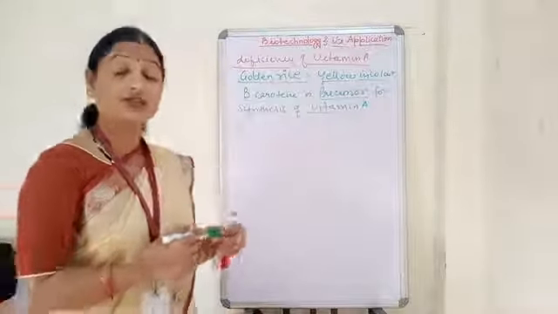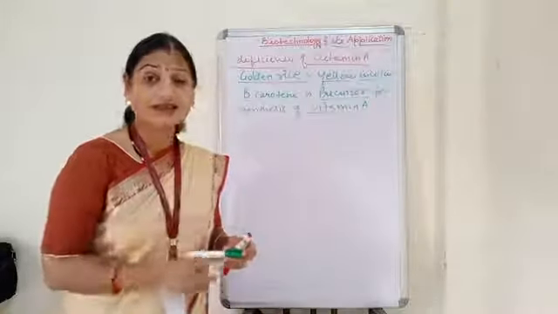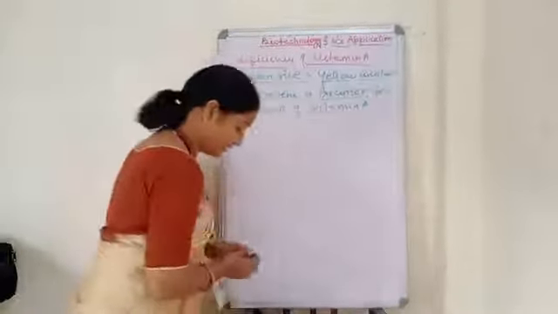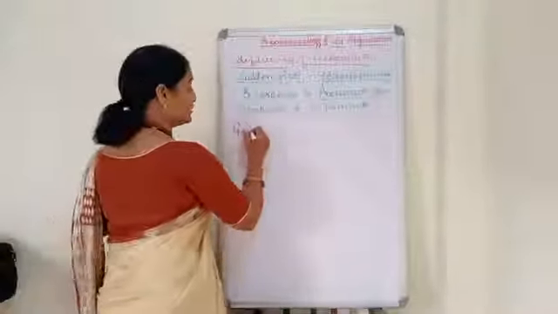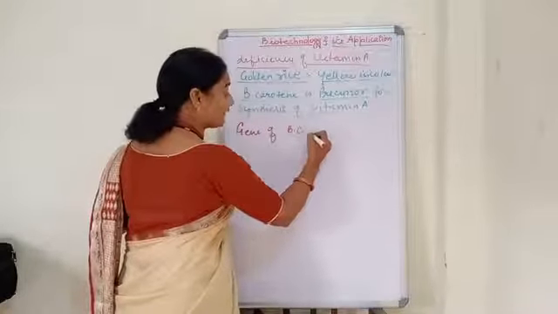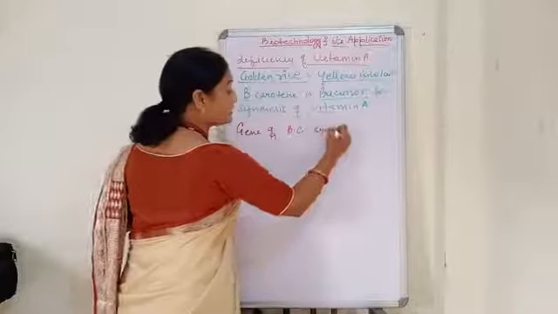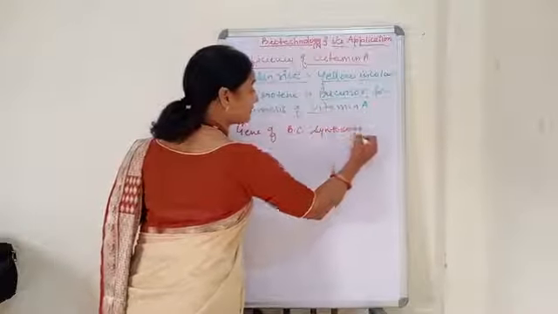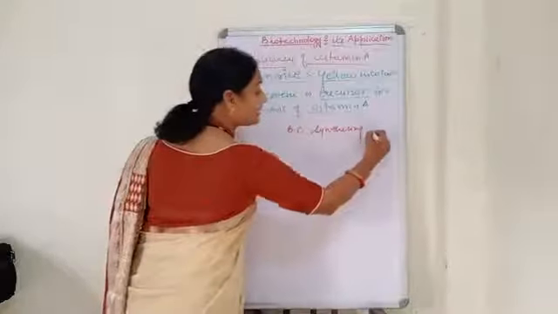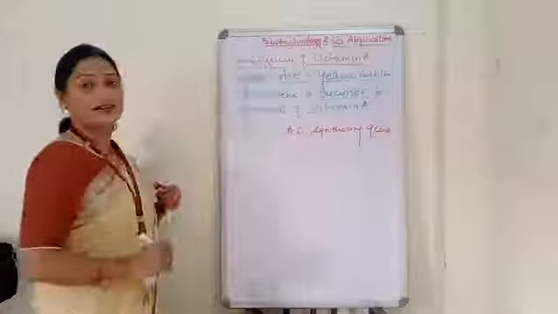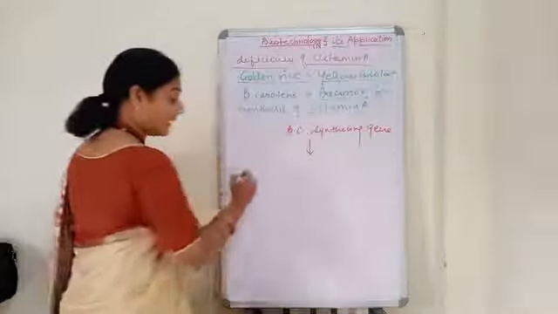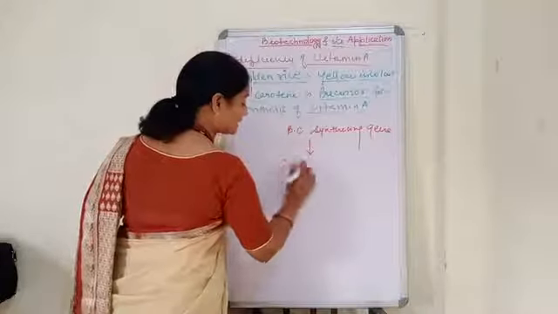What must the scientists have done? They must have taken the beta carotene synthesizing gene, clear? And introduced it into the rice.